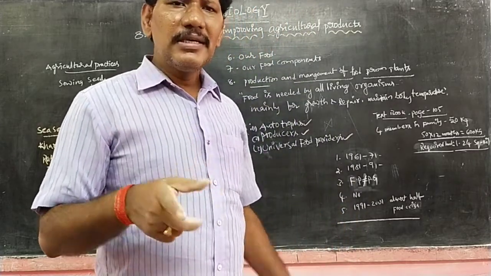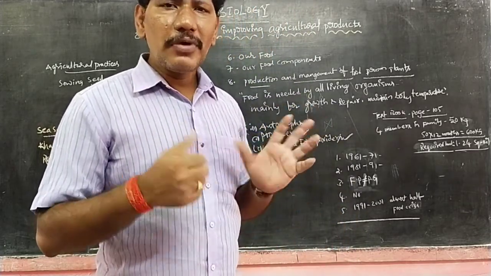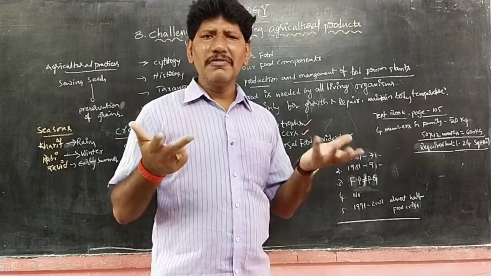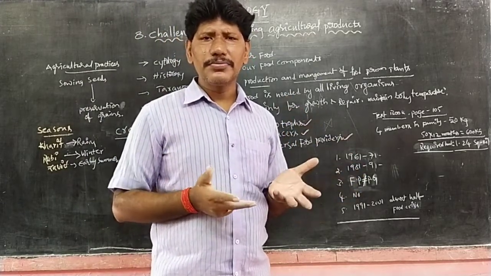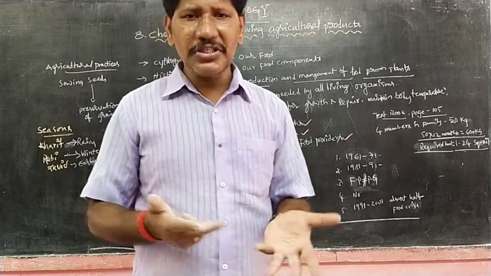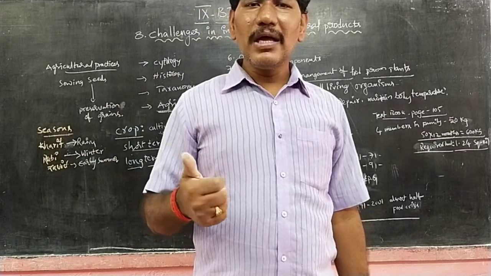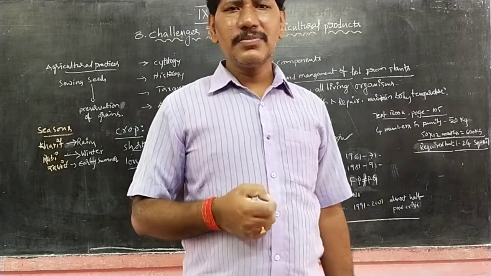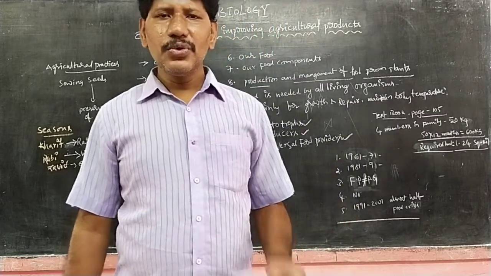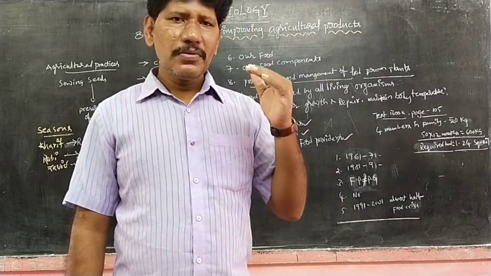The second one is, in the existing land area only, we cultivate a huge number of grains. How? What are our suggestions? They are asking for our suggestions on how to improve the grains, how to get high and better yields in the existing land area.